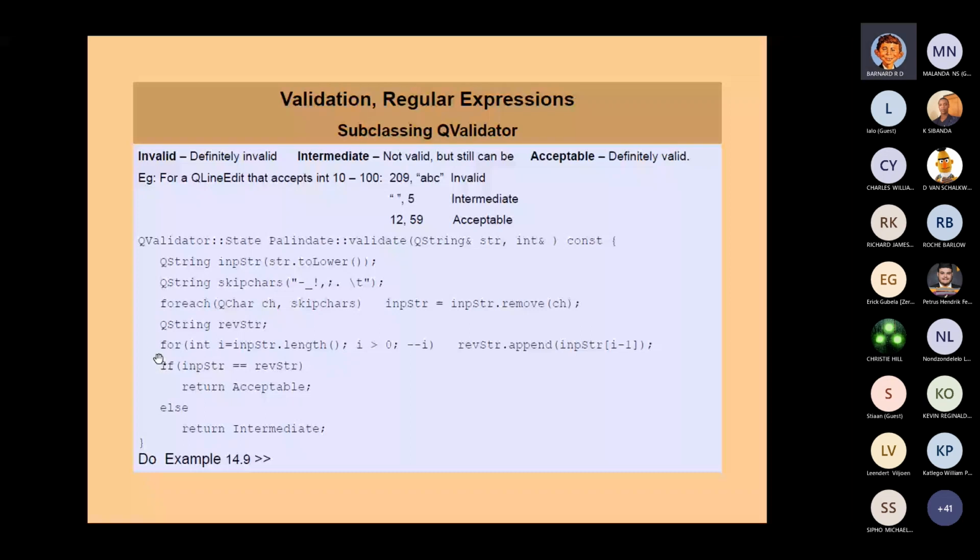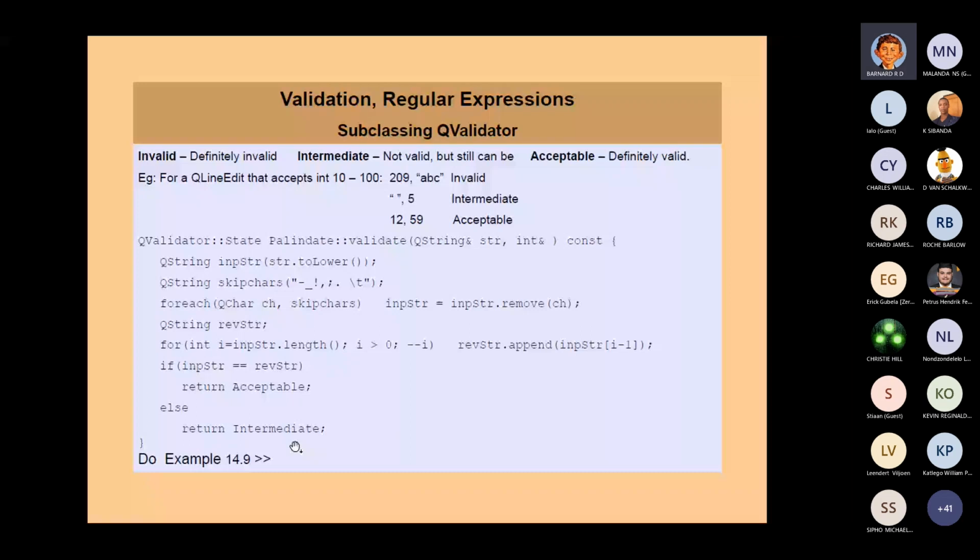So it does some processing of the input, it then checks if it's valid, in this case a palindrome. If it is valid, it returns acceptable. Otherwise, it returns intermediate. Basically, it's saying it's not a palindrome yet, but it probably can become one. In a fuller example, you would also have an option that returns invalid.